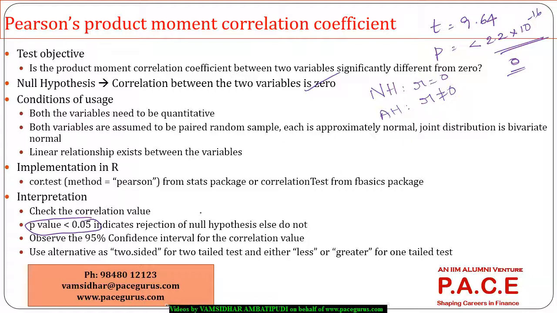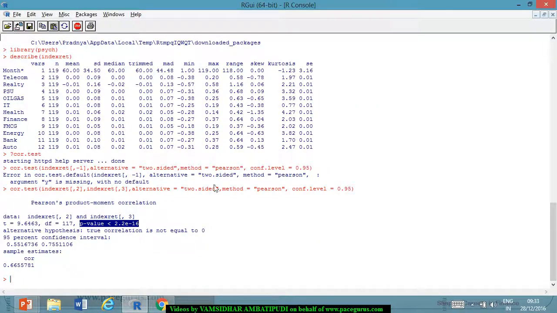Because p-value is less than 0.05, we will reject the null hypothesis and make a decision in favor of the alternate hypothesis, saying that the correlation between these two variables is not equal to 0. And the value is around 0.665.